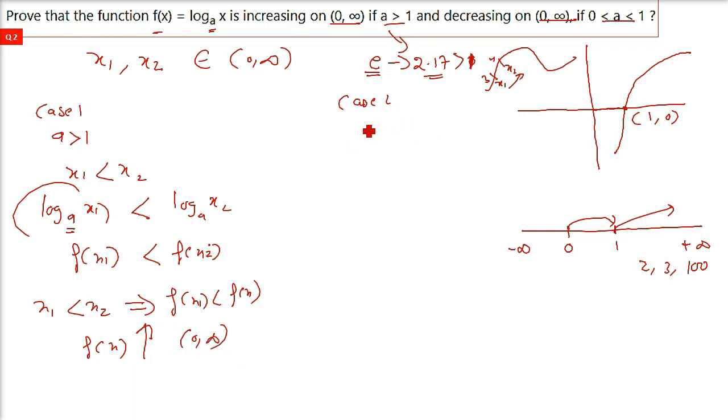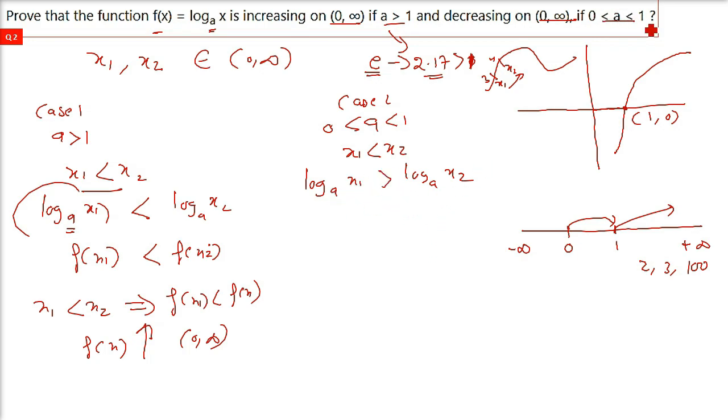Now coming to a very different situation, which is case 2. Again, x1 is less than x2, both taken between 0 and infinity, but now a is between 0 and 1. Taking log on both sides of this relationship, it will not be less than.